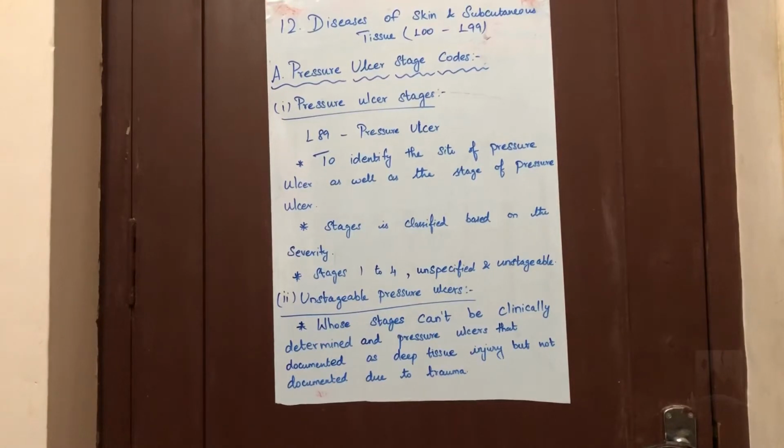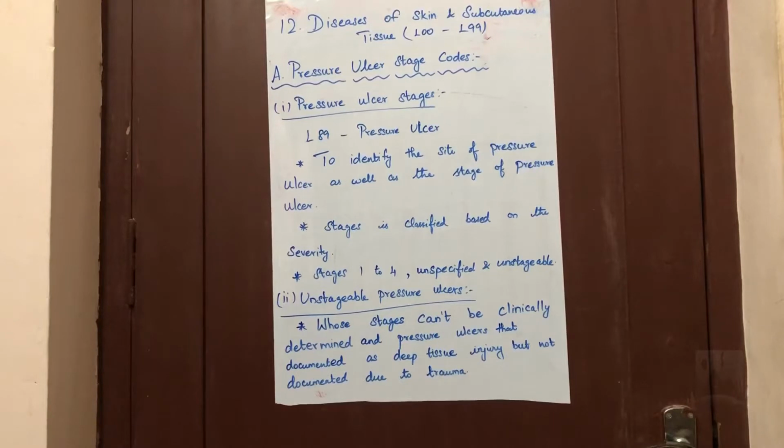So to avoid this confusion, first we have to identify the severity of the pressure ulcer at the same site or at different sites, and based on the severity we assign the stages and sequence the codes. The stages of pressure ulcer are from 1 to 4.